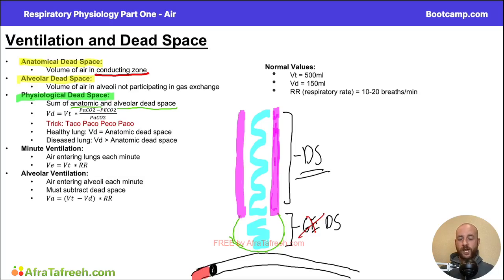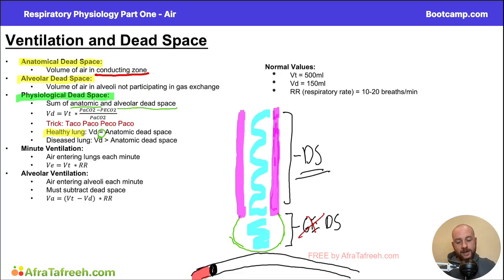So moving on, like we said, the concept of physiological dead space is that it's the sum of alveolar dead space and anatomical dead space. So in a healthy individual with healthy lungs, the physiological dead space should be equal to the anatomical dead space because we're not adding any alveolar dead space to the anatomical dead space. The alveolar dead space is going to be 0.